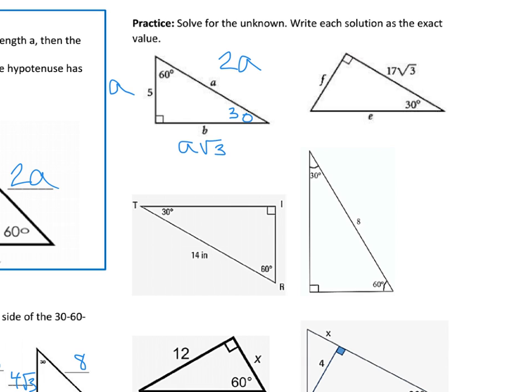And then it actually gave us A to find, so you could just pretend that's X if that's easier for you. We know that A equals 5, so then up here we would have 5 times 2. So we get 10. And then for the B value, we know that A is 5, so it'd be 5 square root of 3.